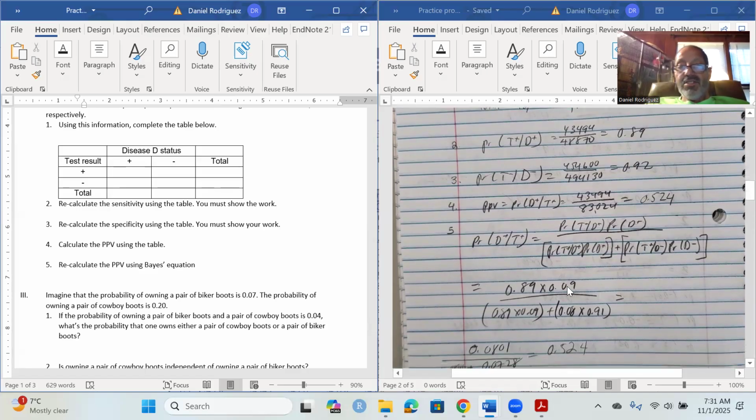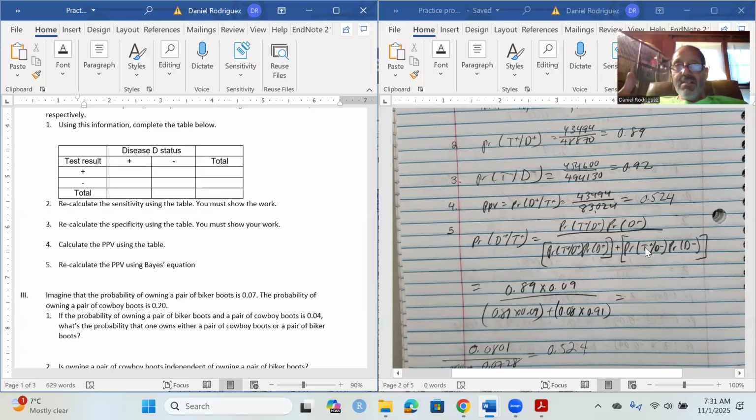So you use this equation and you just start plugging things in, because we have the sensitivity, 0.89, and the prevalence, 0.09. Remember that's repeated in the first element here, right? That's the same as this. And then here you have the probability of testing positive given you're disease negative, times the probability of being disease negative. The probability of testing positive given you're disease negative is a false positive, which is the complement of the specificity, right? Because specificity means you test negative given you're disease negative.